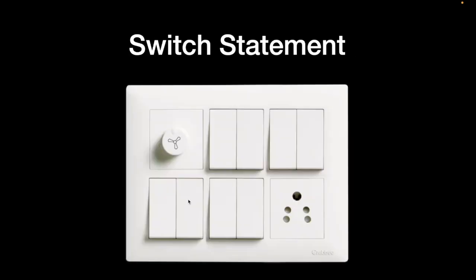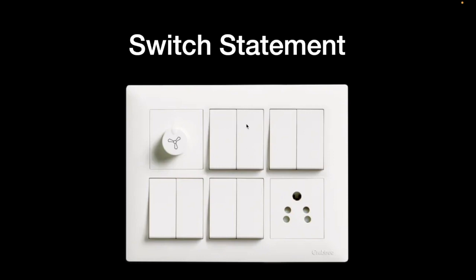Now if I go to the next slide, see here, what does switch mean? We have the switchboard, right? And in the switchboard we have different buttons. For each button a dedicated task is there. Let's suppose the first one is for the fan. If I press this button, your fan will get started.